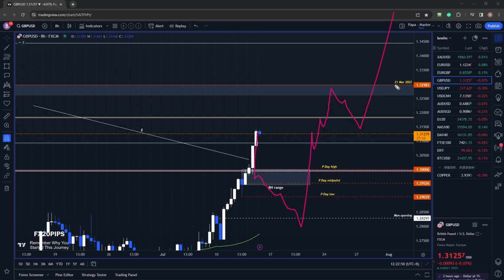Hope that it makes sense as per the idea of a healthy bullish trend: retrace, go up, retrace, go up. So let's get ready for that.